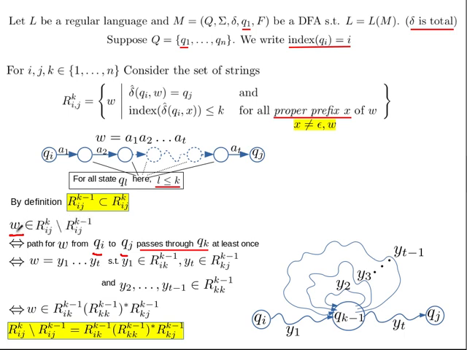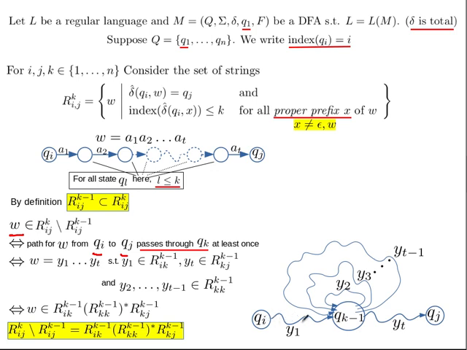So all that is here must pass through qk, at least once. So this thing looks like this. Okay, so it starts from qi, right?